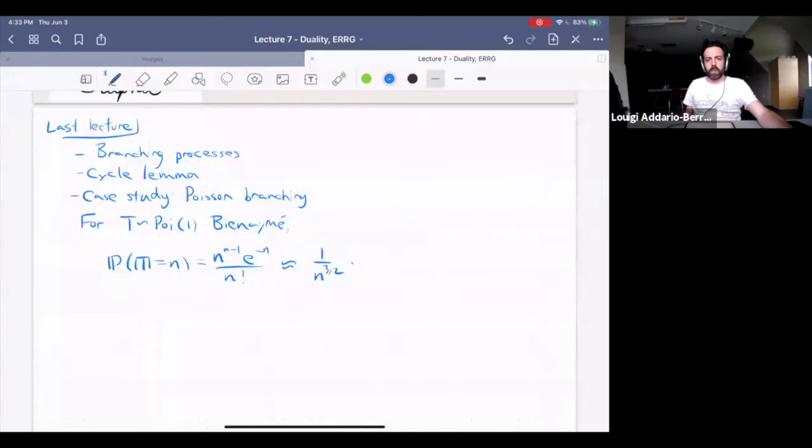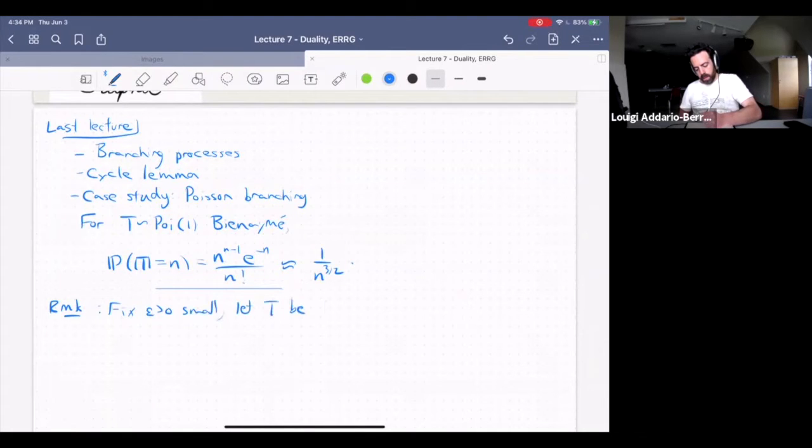Okay, so because it's going to be useful for intuition and it's easy to say right now, I'd like to mention what happens when we have a Poisson branching process with mean just slightly less than 1. So let's fix some parameter epsilon small and let T be Poisson 1 minus epsilon BGW.